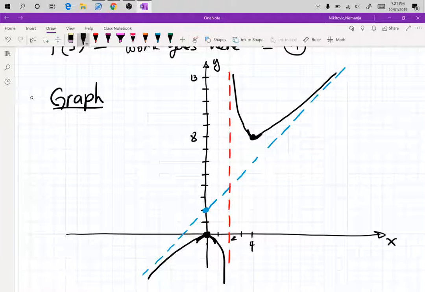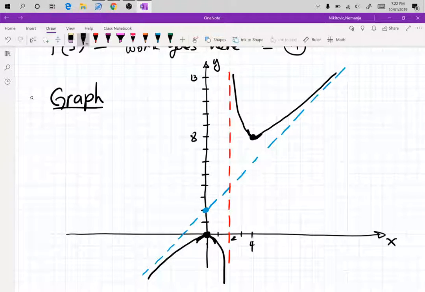So the graph we are looking for is x squared divided by x minus 2. Do we all see it?